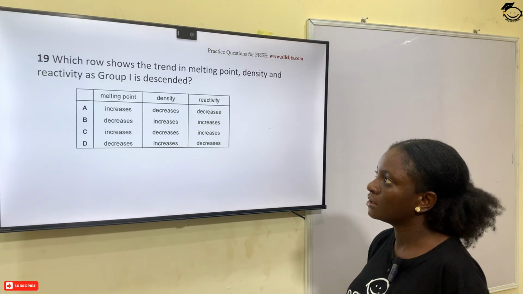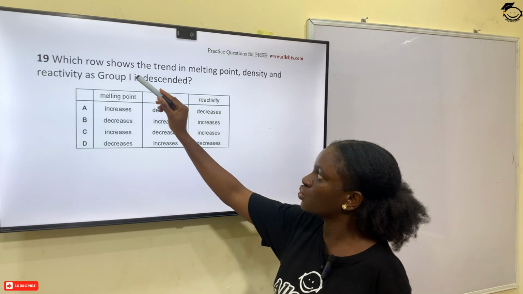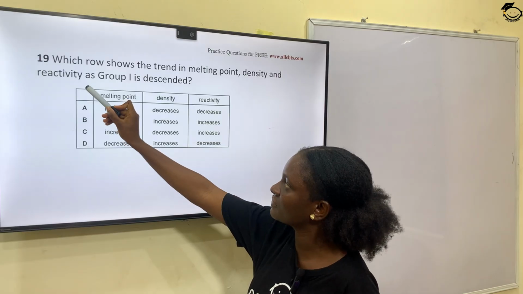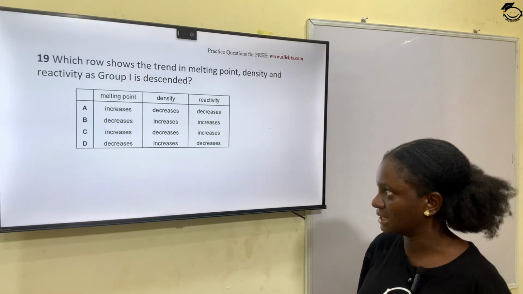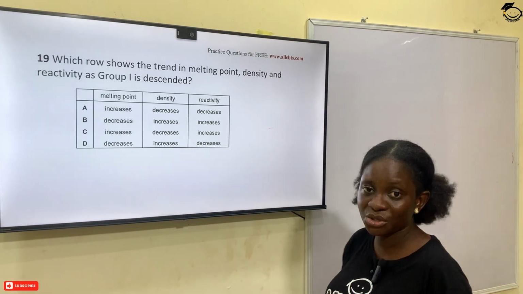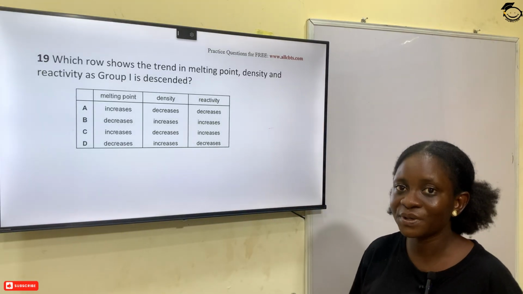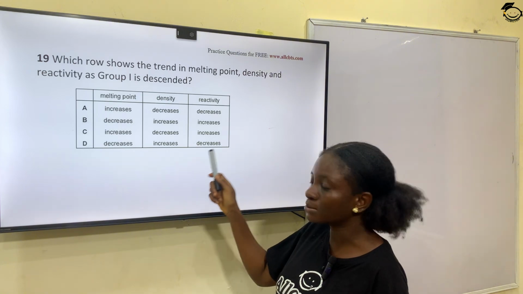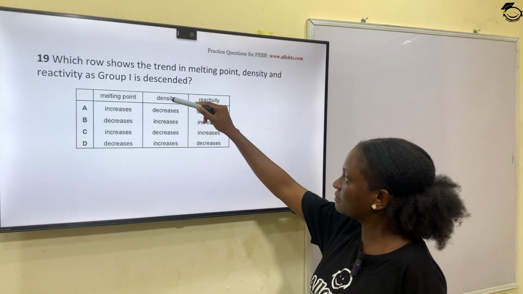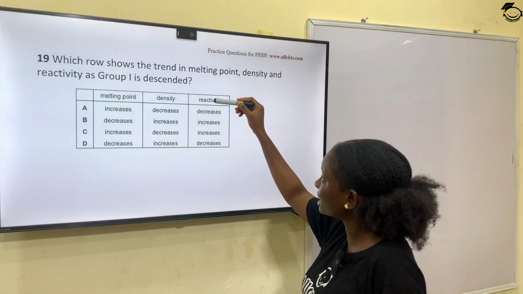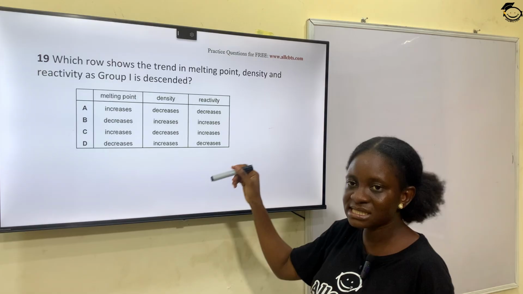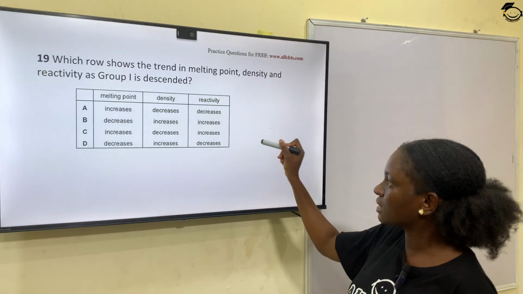2 and 4. The next question, 19. Which row shows the trend in melting point, density, and reactivity as group 1 is descended? As group 1 is descended, there's a decrease in melting point, an increase in density, and also an increase in reactivity. So let's see the options provided. A, melting point increases, density decreases, reactivity decreases. B, melting point decreases, density increases, reactivity increases.